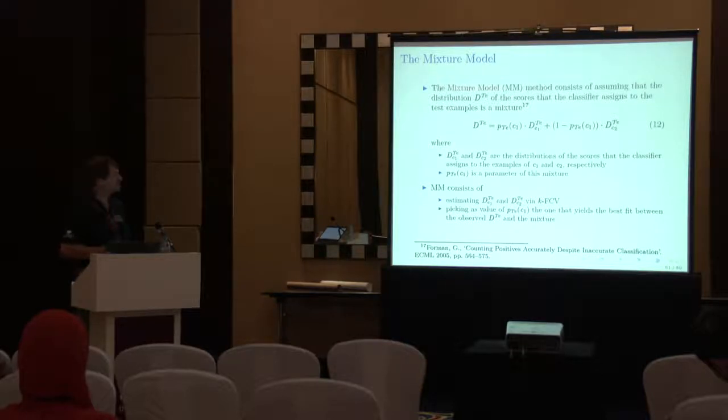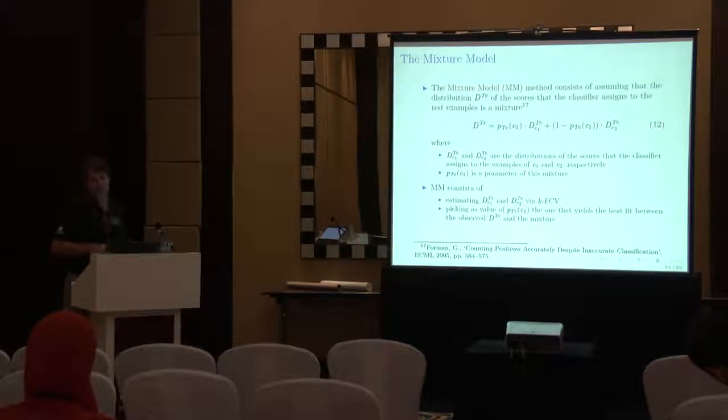The hypothesis is that this distribution is a mixture of two other distributions: the score distribution that the classifier assigns to the positive examples, and the one it assigns to the negative examples.